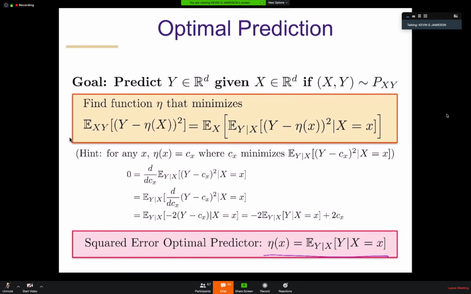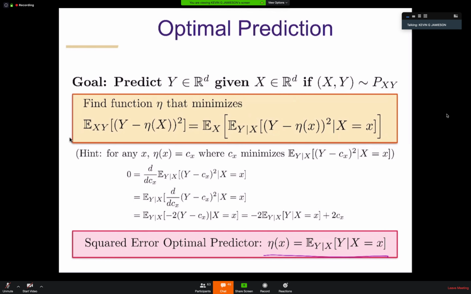There's no f in there. It has nothing to do with learning. Eta of x is the best possible estimator you could use, but we don't know what it is. It has nothing to do with your model class. It just has to do with the actual underlying data, the distribution of pxy.